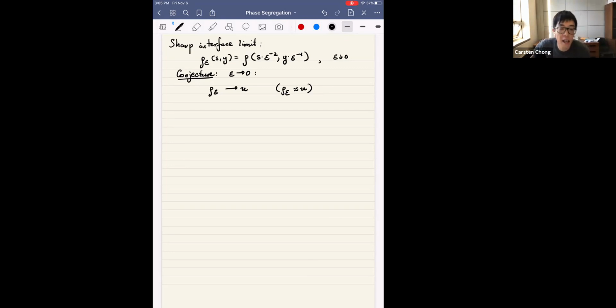Sure, go ahead. In what type of space or topology do you have this convergence? That's a very good question. So I guess one way to think about it for now is that you have just pointwise convergence. So for any point, if I fix S and Y, I will converge to U of S and Y. Thank you.